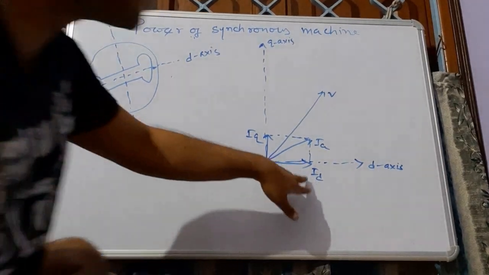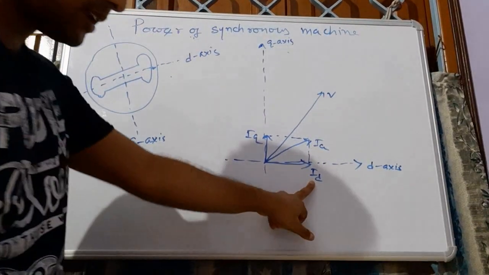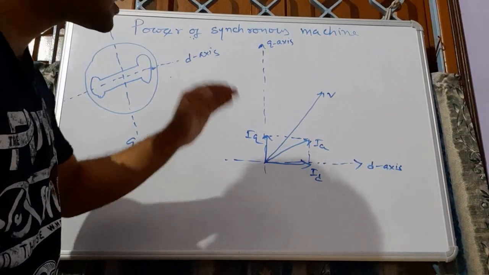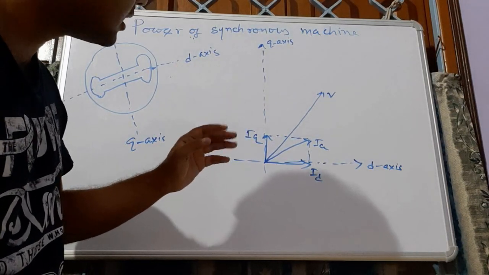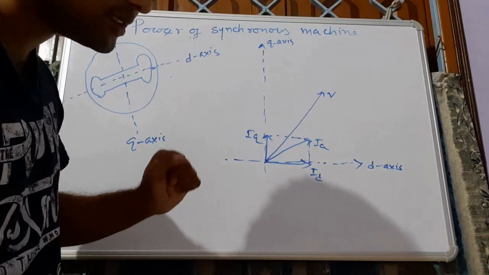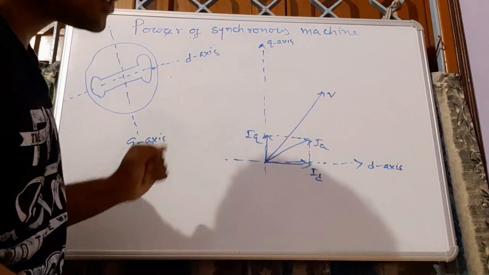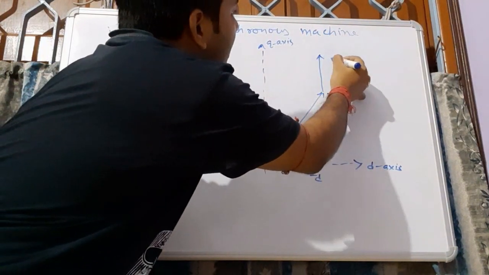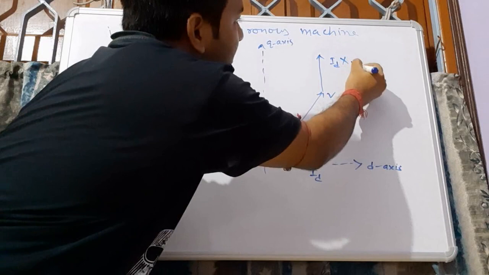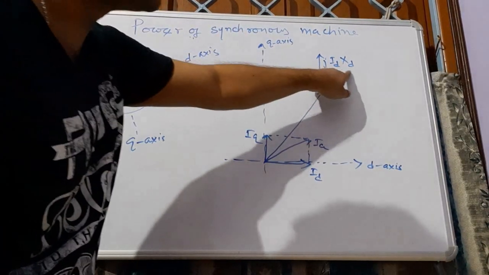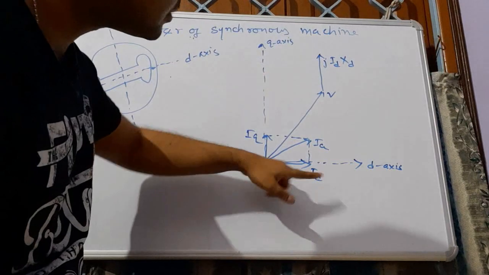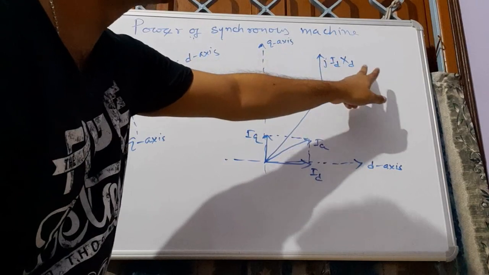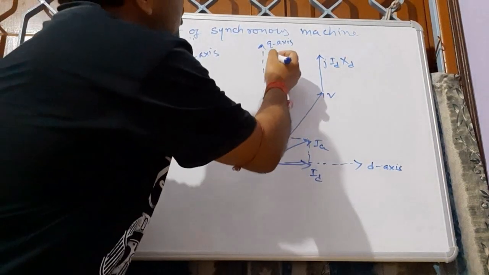Now due to this ID, neglecting the resistance drop, we are considering only the direct axis reactance and quadrature axis reactance. I am neglecting the resistance part because resistance is very small. This will be ID into XD with a j, because with respect to ID, the drop is 90 degrees.